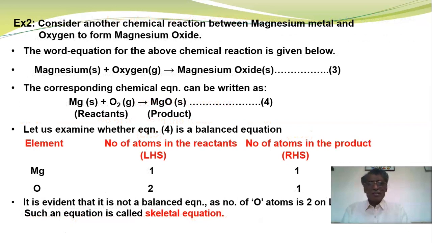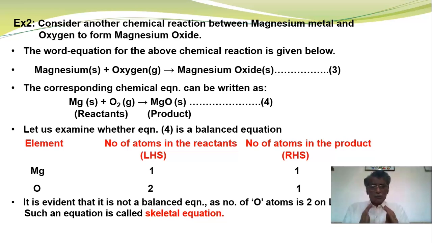Consider another chemical reaction between magnesium metal and oxygen to form magnesium oxide. First we write the word equation. Magnesium (S) plus oxygen (G) gives rise to magnesium oxide (S). The chemical equation is Mg plus O2 giving rise to MgO.